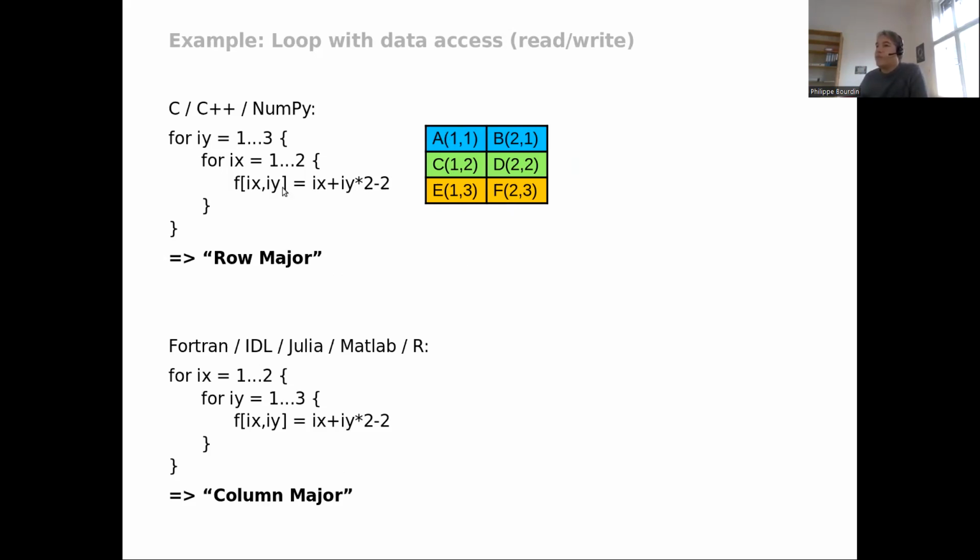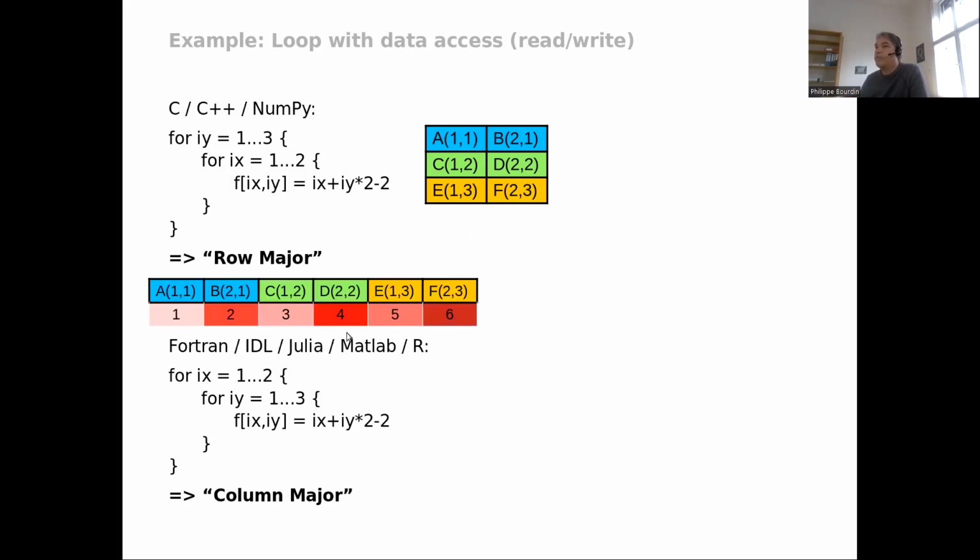So in these two cases, when we have these two loops, we are actually reading and writing from it in a certain order. And that would mean if we write it out one-dimensionally, these two are equivalent examples because the loop here is switched. Yes, so in the Fortran case, we have ix outside and iy inside. Here it is switched.